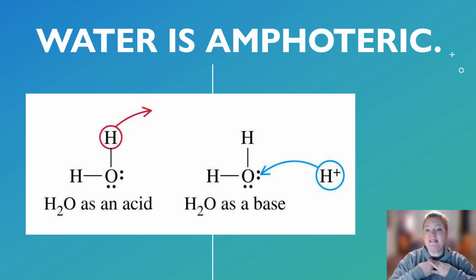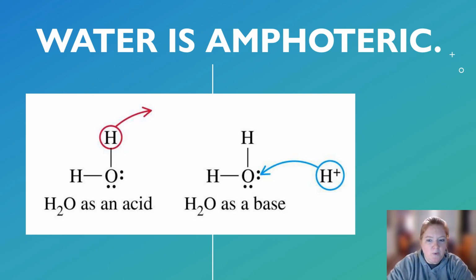It can act as an acid, donate, and be left as OH negative, and it can act as an acceptor and end up as H3O+. So remember, Bronsted-Lowry acids donate or give away H pluses or protons, and Bronsted-Lowry bases accept H pluses or protons.